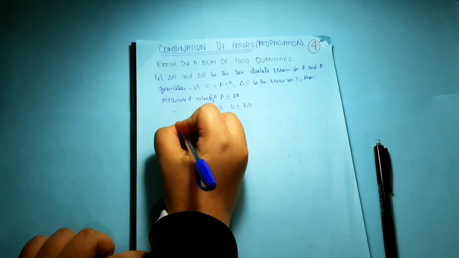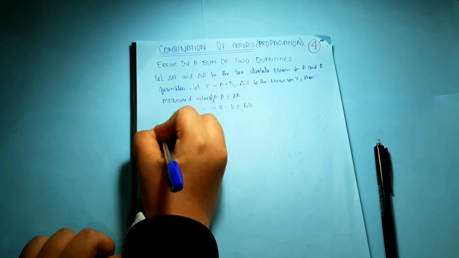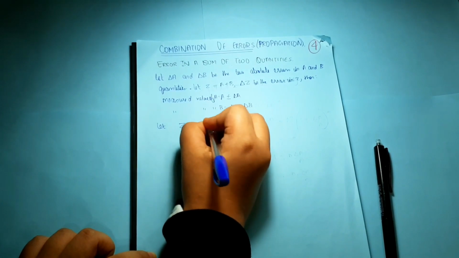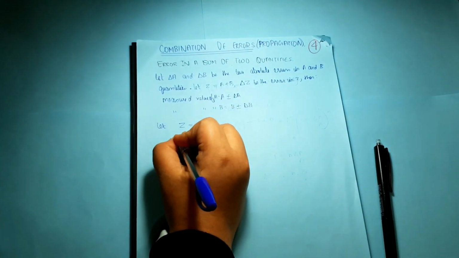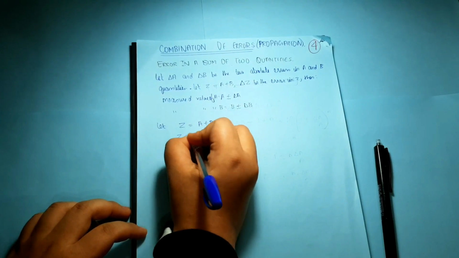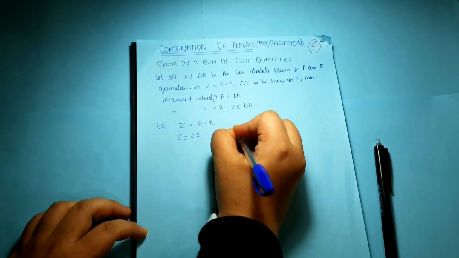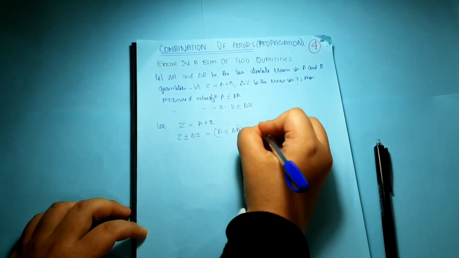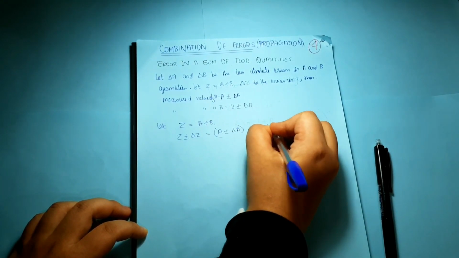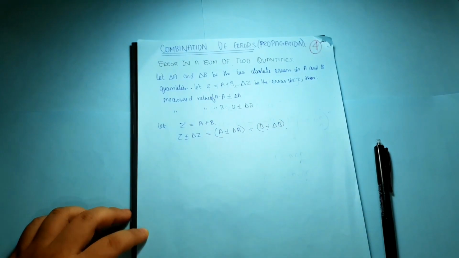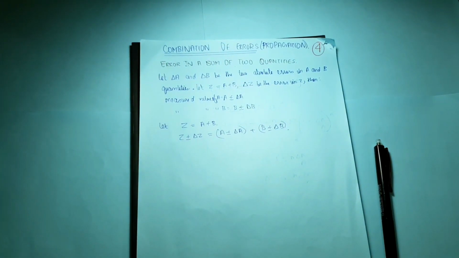Let Z be equal to A plus B, which means Z plus or minus delta Z is equal to A plus or minus delta A plus B plus or minus delta B. Yes, because A and B are just the true values, and this is how we find the measured values.